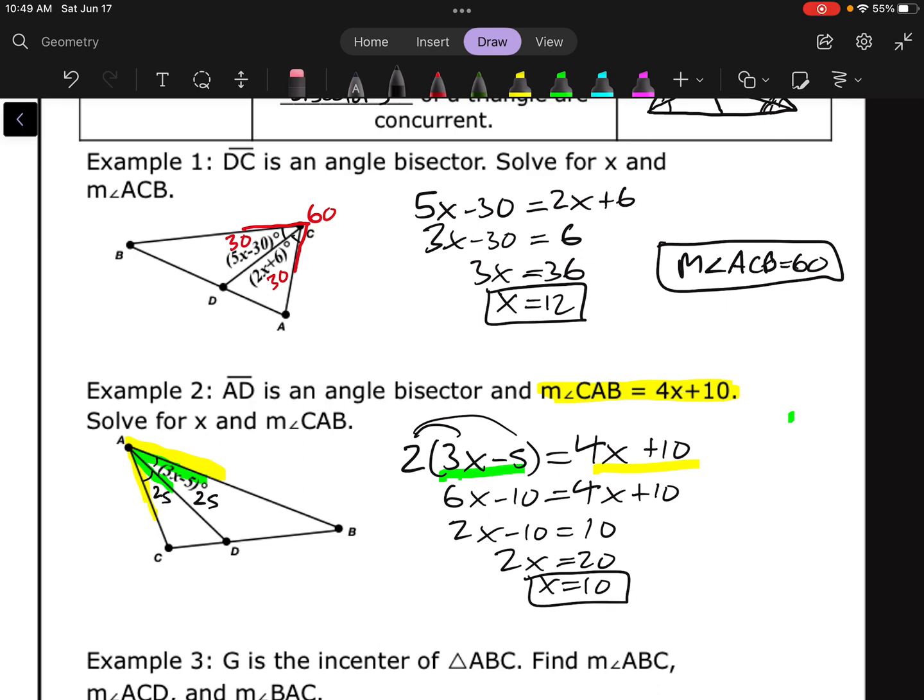And then if I plug it back into CAB, 4 times 10 is 40, plus 10 is 50. So I'm going to give myself a check because I checked my work. And the measure of angle CAB is 50.